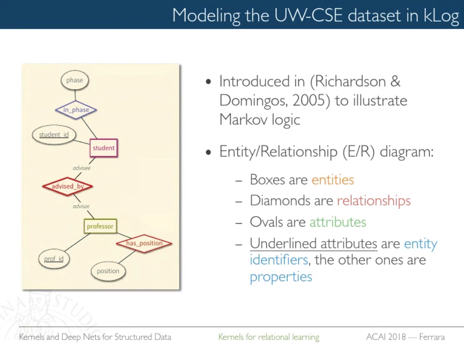This is the entity relationship diagram. So this is the student and the professor. The professor has an attribute like the kind of position, like it's permanent or associate or assistant professor, whatever. Then the student also has a phase, like, I don't know, sophomore or graduate student, whatever.